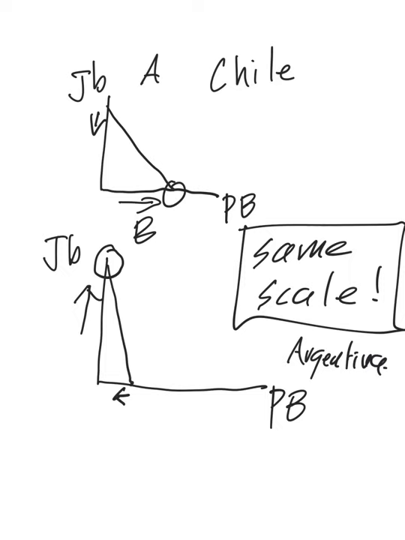Now that's comparative advantage. What about absolute advantage? Absolute advantage does not look at relative slopes. Absolute advantage looks at the actual size of production.